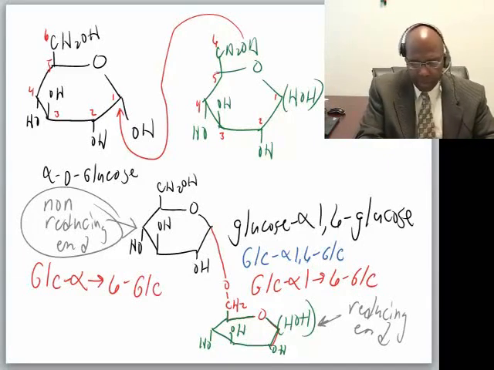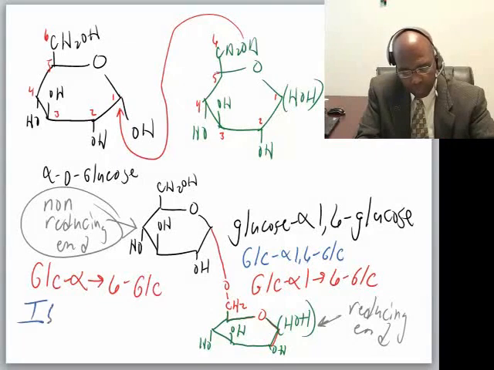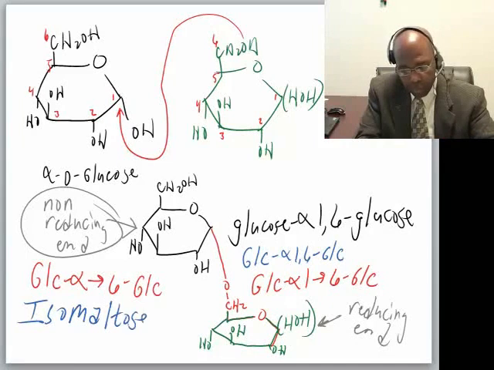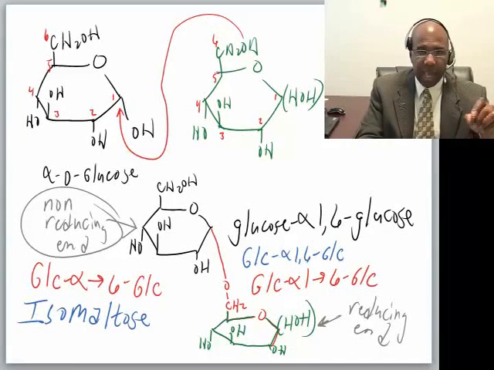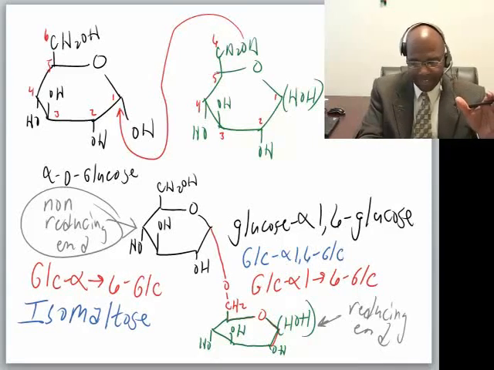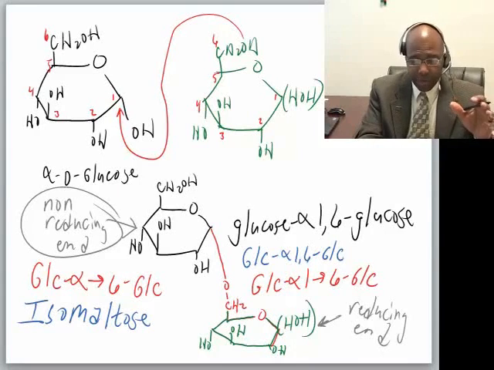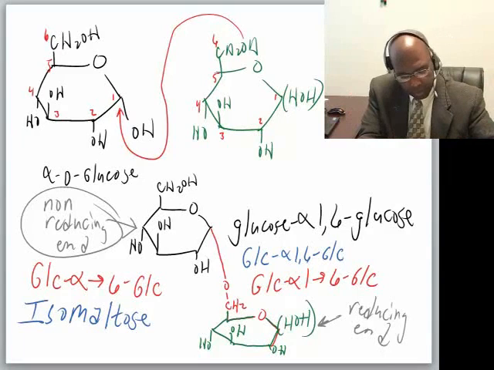This disaccharide here has a common name. It's called isomaltose. Because remember, maltose is alpha 1,4, and isomaltose is alpha 1,6. Now, you can have a polymer of isomaltoses.